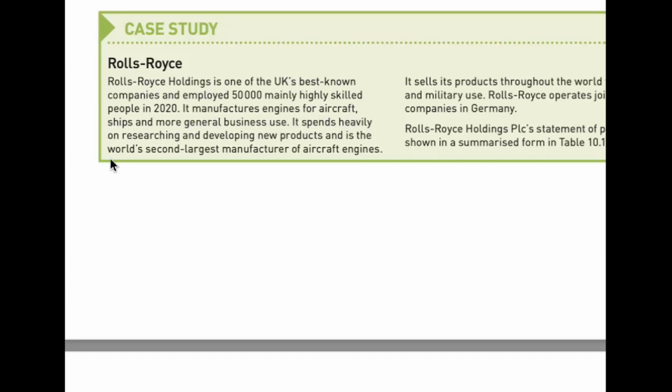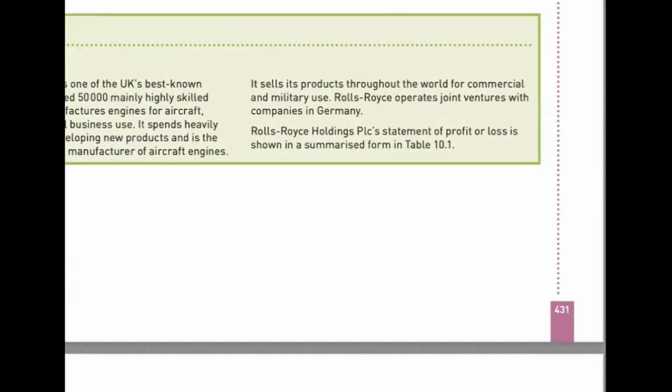It spends heavily on researching and developing new products, and is the world's second largest manufacturer of aircraft engines. And it goes on to say that it sells its products throughout the world for commercial and military use. Rolls-Royce operates joint ventures with companies in Germany.